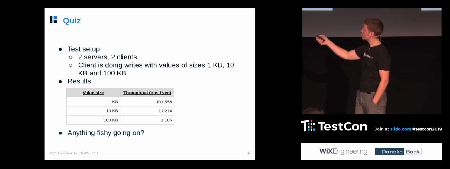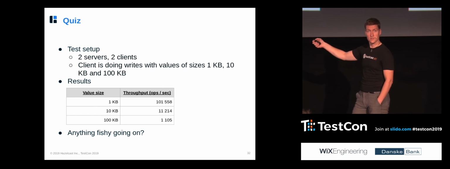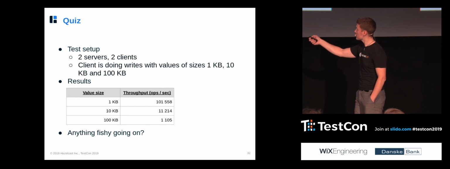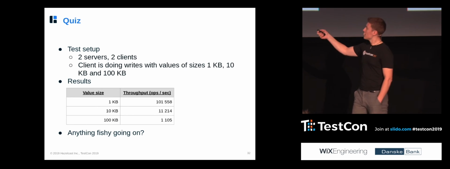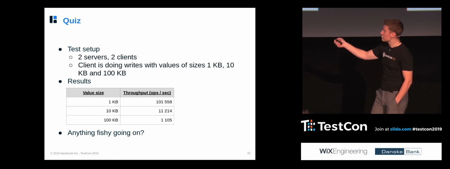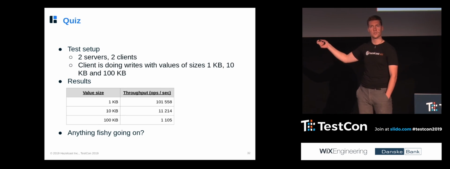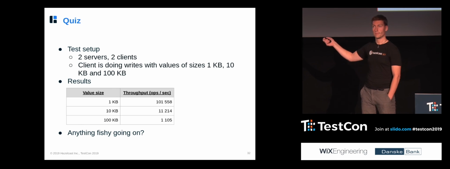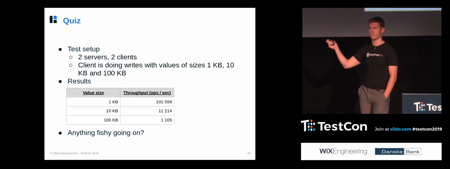For 1 kilobyte, we have 100,000; for 10 kilobytes, 10,000; and for 100 kilobytes, 1,000. Based on the numbers in this table, is there anything fishy? Does anything look weird to you? Because I look at those numbers and I see a problem.